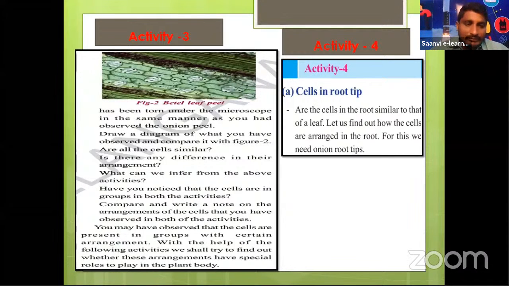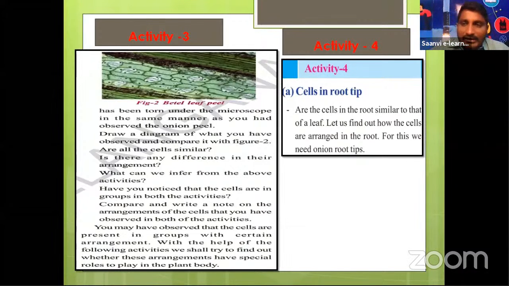Okay, fine. Then let us go for the next question. Compare and write a note on the arrangements of the cells that you have observed in both of the activities. If possible, please draw one box.